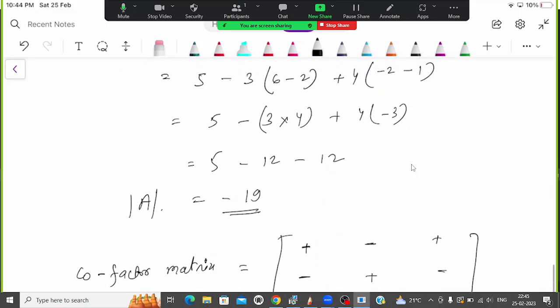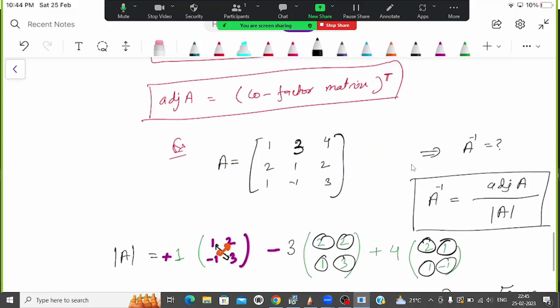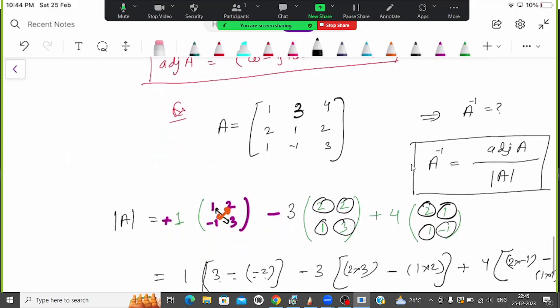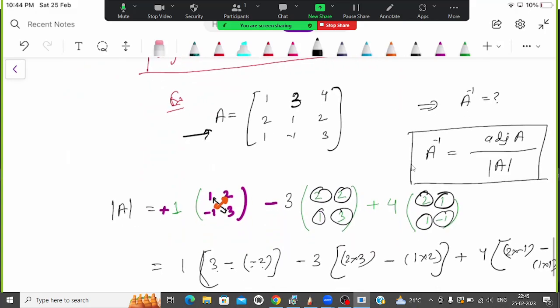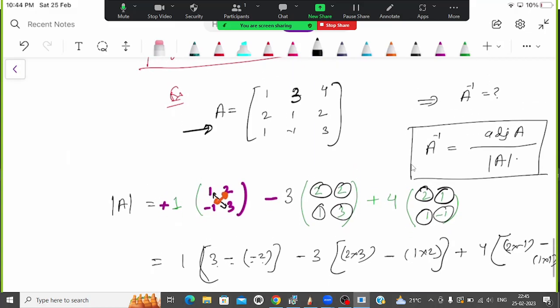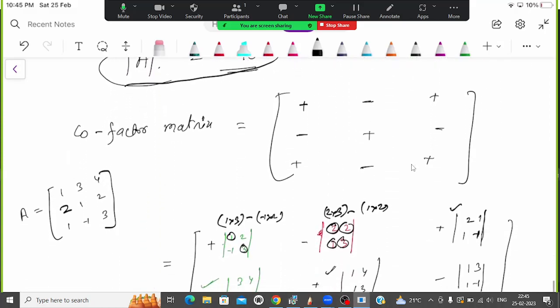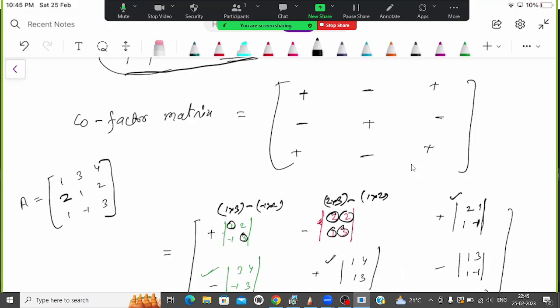So I will repeat once again quickly here. If you want to calculate the inverse of this matrix, you first calculate the determinant. I have calculated the determinant here and I got minus 19.